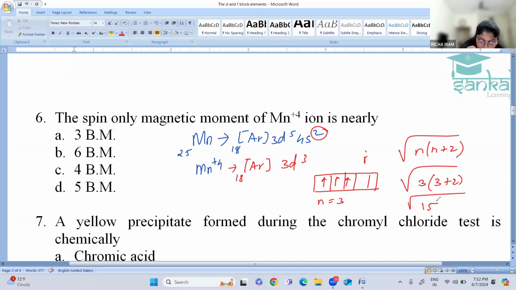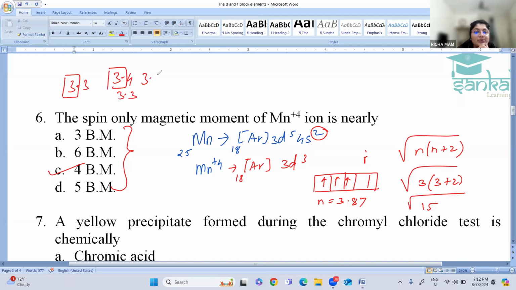Square root of 15 is 3.87. So 3.87 is nearer to what? It is nearer to option C. Let us see who has answered. Akila has answered C. Only one answer. Many students have answered A. See here, if it is 3.3 or 3.4, less than 3.5, then you consider it as 3.